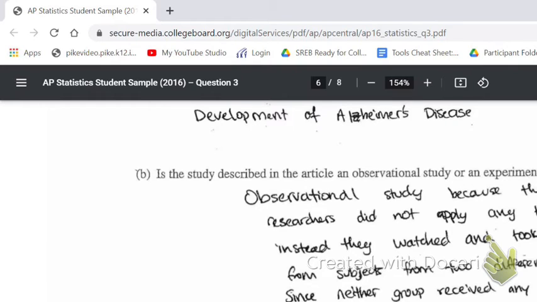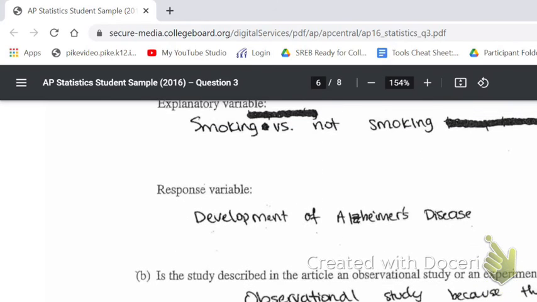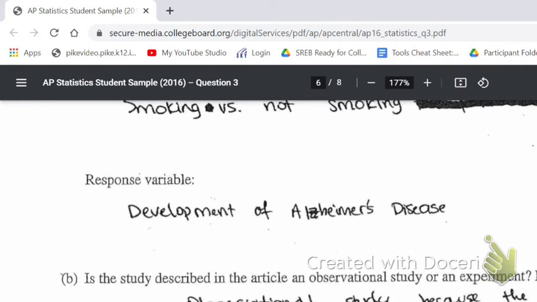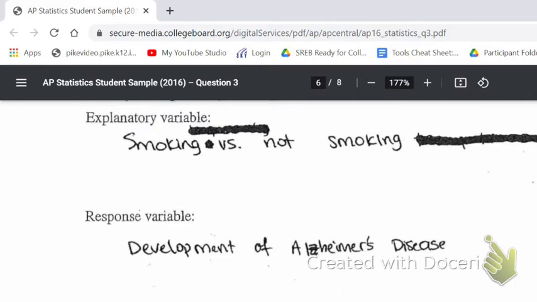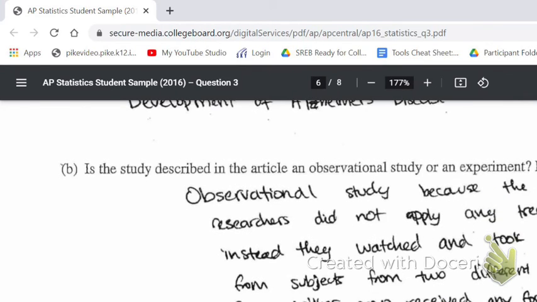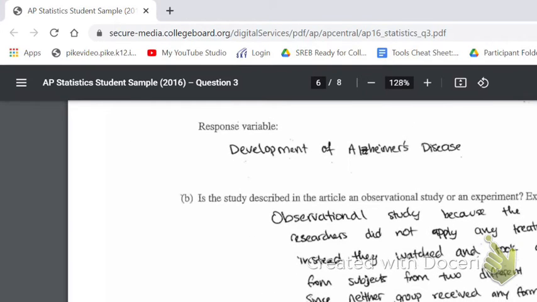If it had been an experiment, what would the treatments have been? Smoking versus non-smoking. So as I'm looking at the reader's notes on this one, it said it does not explain that the treatments would have been levels of the explanatory variable, or levels of smoking status.